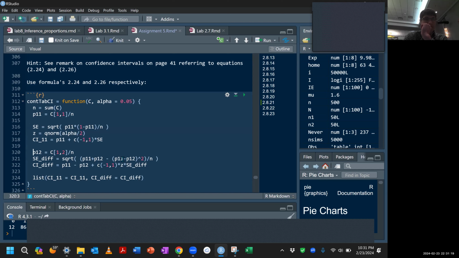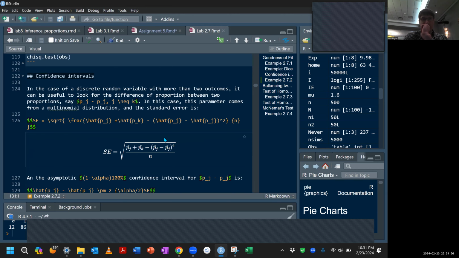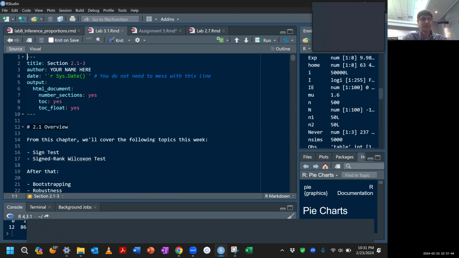This is using the same confidence interval that was developed in, what page is that? I think I have the page here. You should be able to find it. Page 37. Yeah, page 37, look at that.